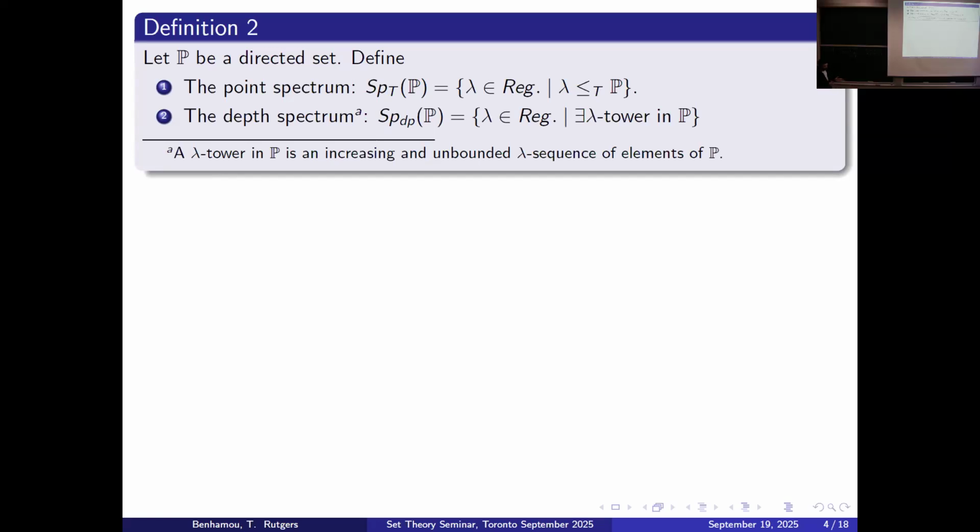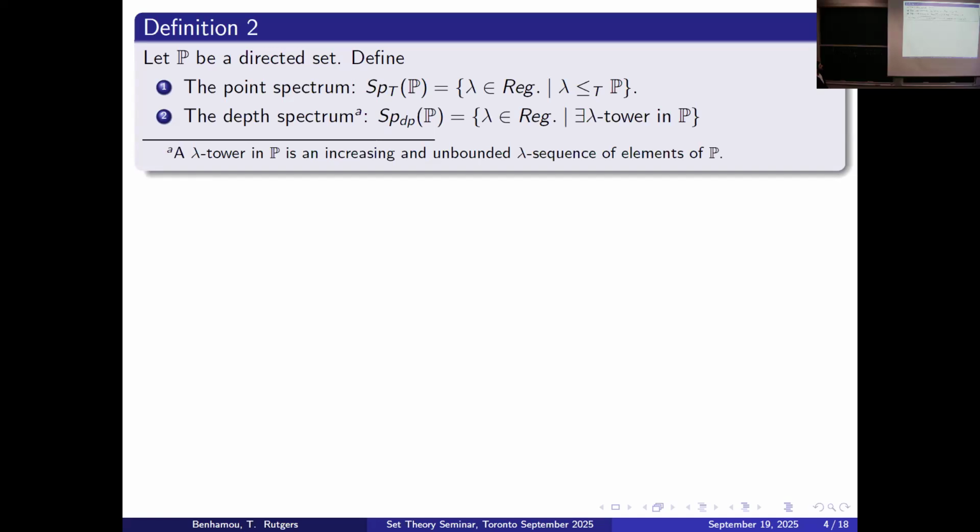You can think about it like this: if I start constructing an increasing sequence inside P, after how many steps will I get stuck? You have several options for that process to happen, and all these options are going to be exactly the lambdas which are in the spectrum.